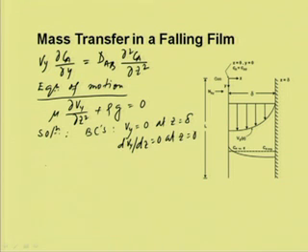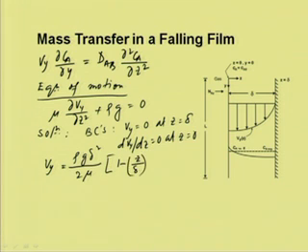So, the solution is well known and we can write Vy is equal to rho g delta square by twice mu into 1 minus z by delta whole square.